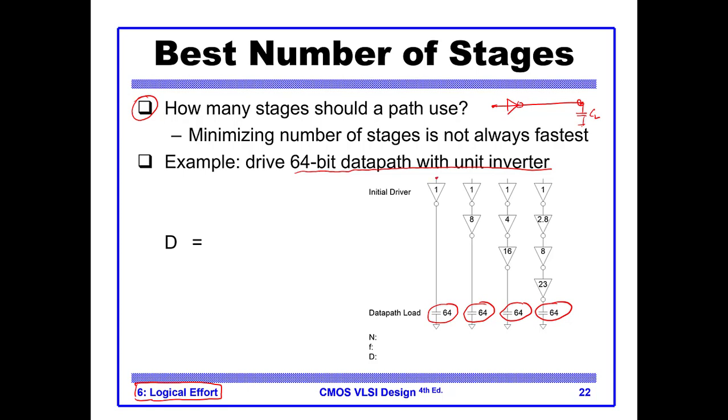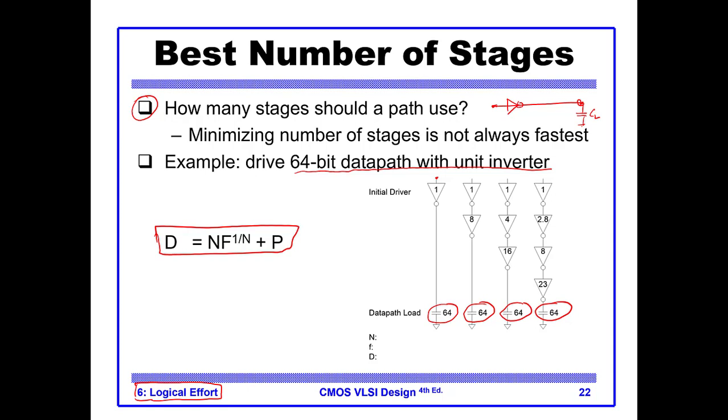You can start with a single inverter, and we already know the formula of delay: it is n, the number of stages, multiplied by F raised to the power 1 by n, plus p, the parasitic delay of all the gates in the path.